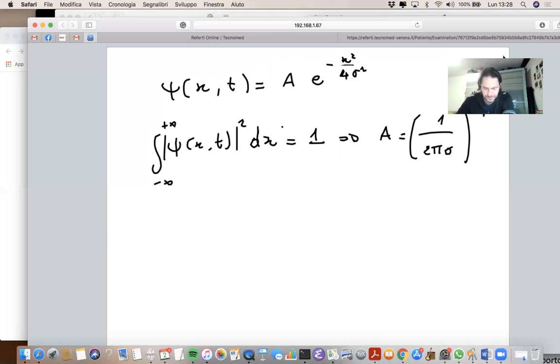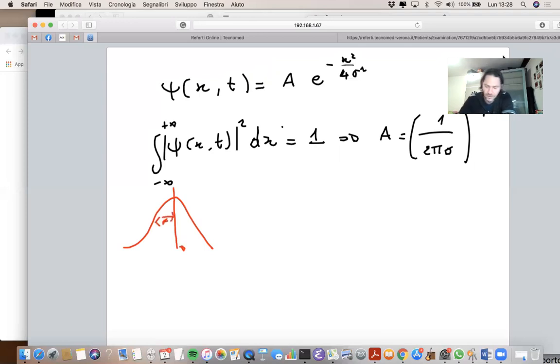Likely, yes. It doesn't really matter what the value is. The important thing is that you can get it. Now, this is a wave function that is peaked around the origin with the size sigma.